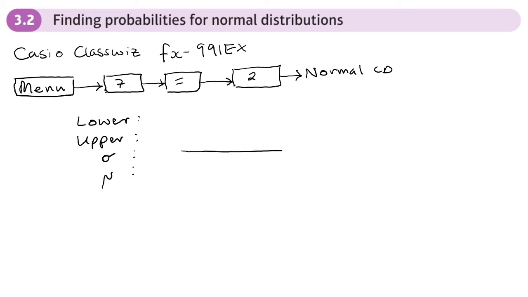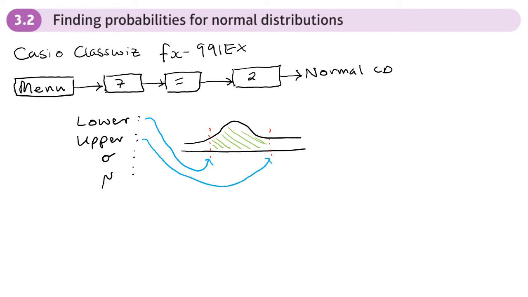So with our normal distribution like this, if we wanted to find a particular area, let's say the area was between those two like that, then your lower value is going to be this one here, your upper value will be that, and then the mean and the standard deviation, well, they're whatever is given in the question.